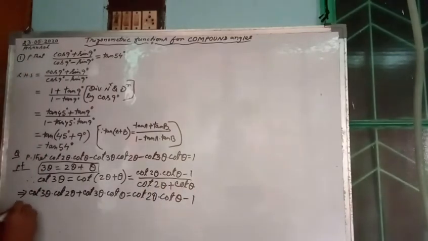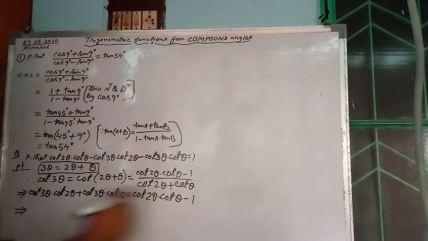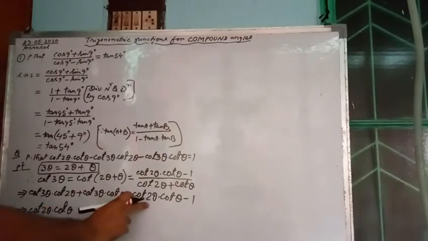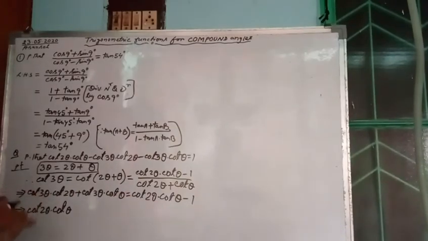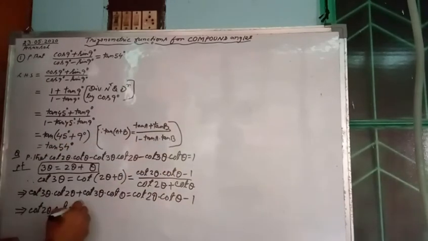This implies cot 2 theta into cot theta. Now take this term to that side, so it will be minus cot 3 theta into cot 2 theta.